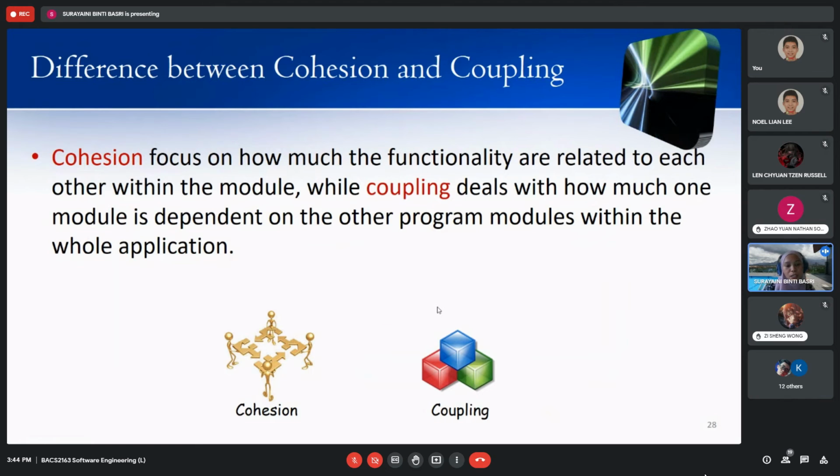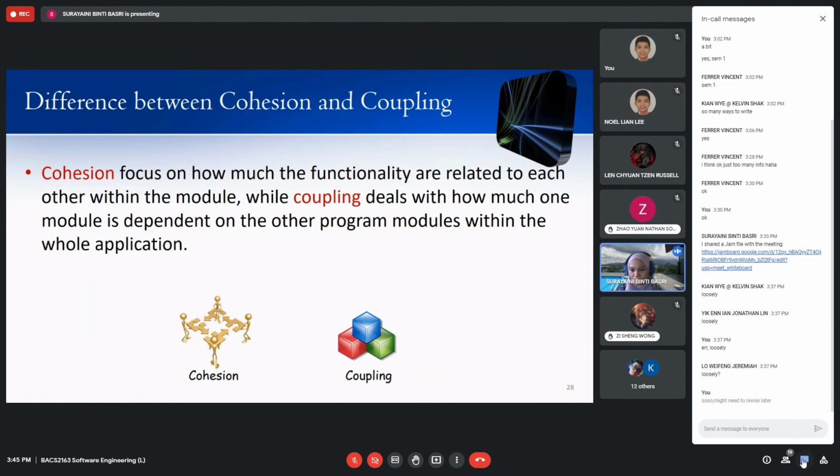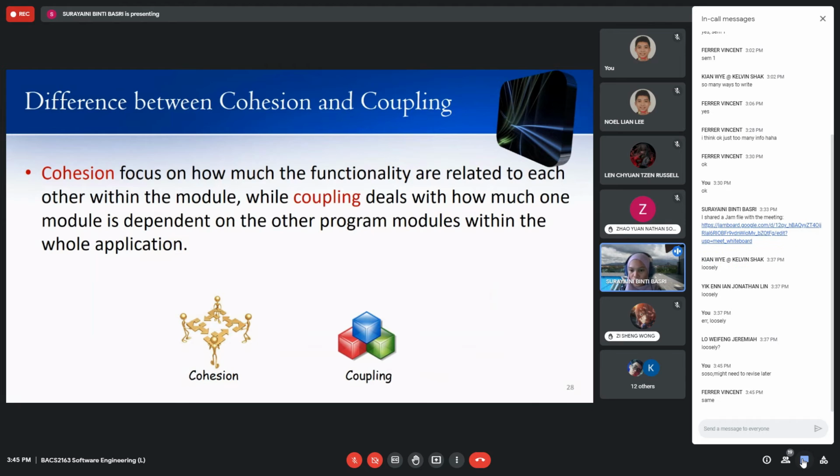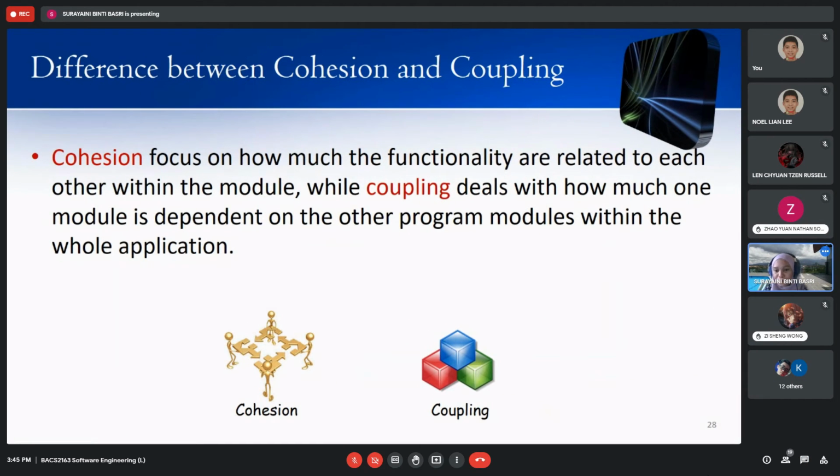Okay, so understand the difference between cohesion and coupling, because if you are hearing about this for the first time, it may be a little bit confusing for you. So can you understand cohesion and coupling now? If not, then you can ask. I might need to revise later. How about Lim?